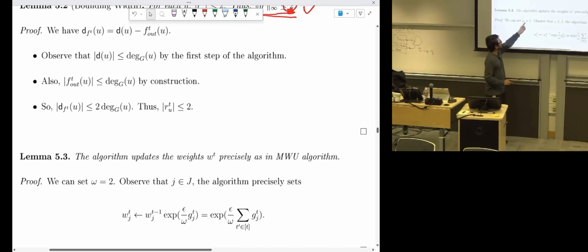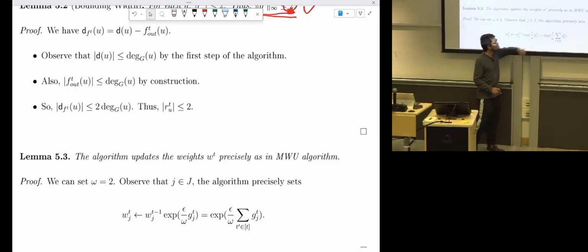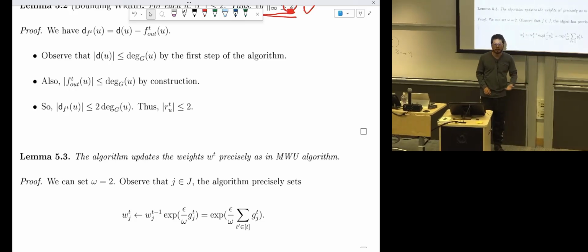Now, if we set W, the omega here, to be 2, then the way that we update the weights is precisely like in the weight update algorithm.